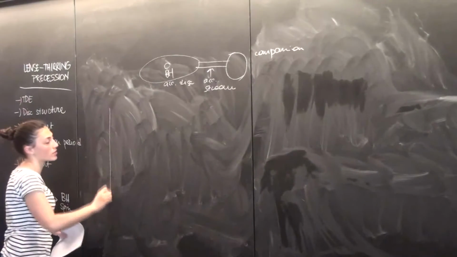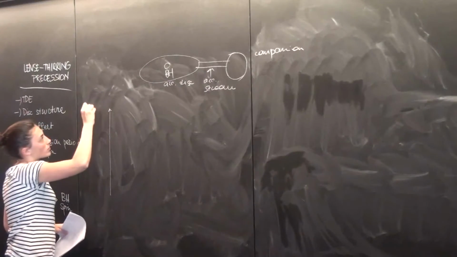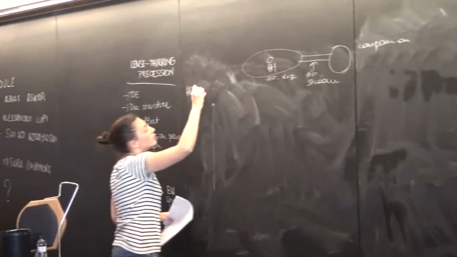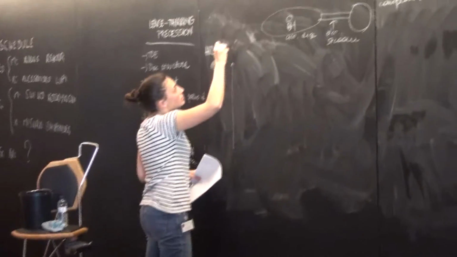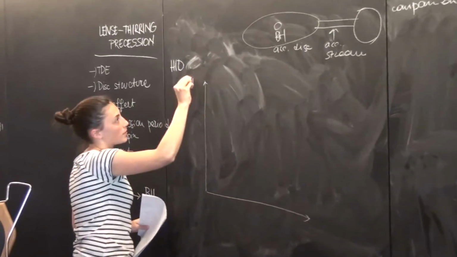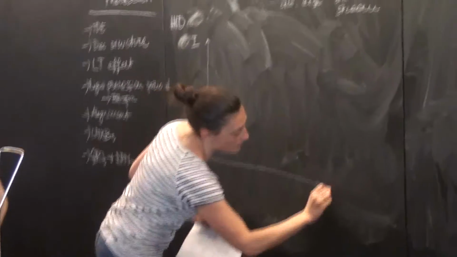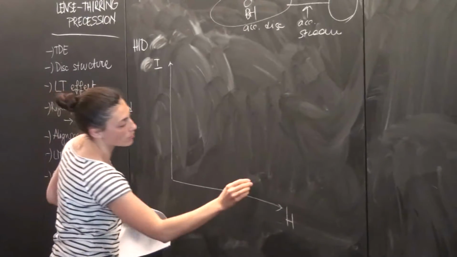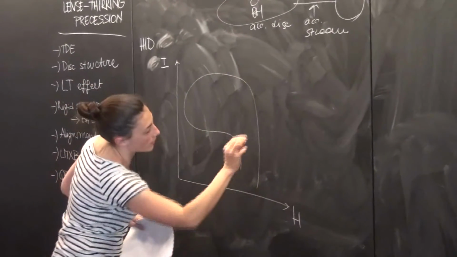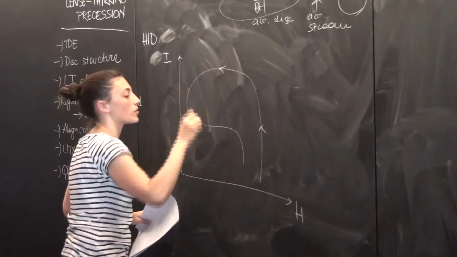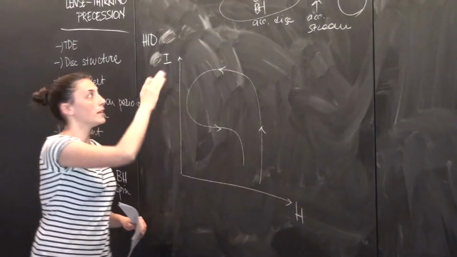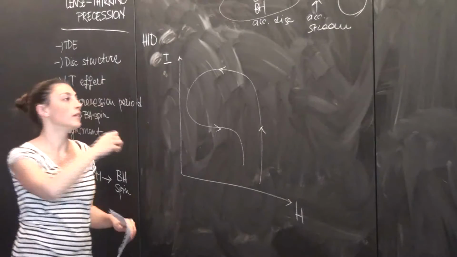The variability of these sources corresponds to significant changes in their spectra, and these changes are traced by means of the hardness intensity diagram. So the source does something like this hysteresis cycle. Here is the hardness, and here is the intensity.